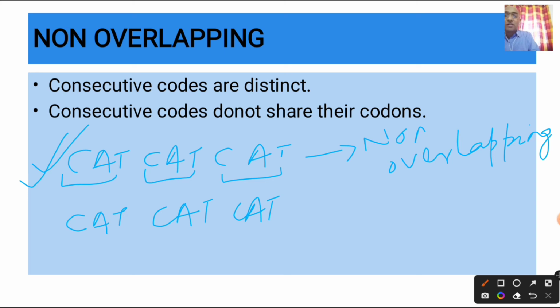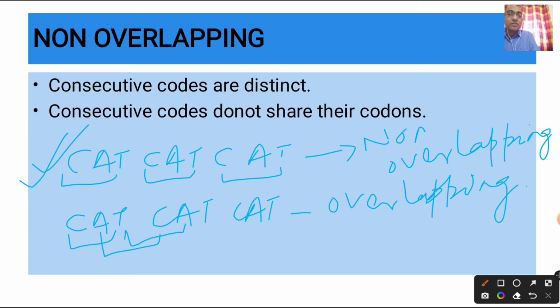Had it been an overlapping one, it would have been read as CAT, ATC, TCA. So this is not true for overlapping. This is wrong. Got it? So this is what non-overlapping means.